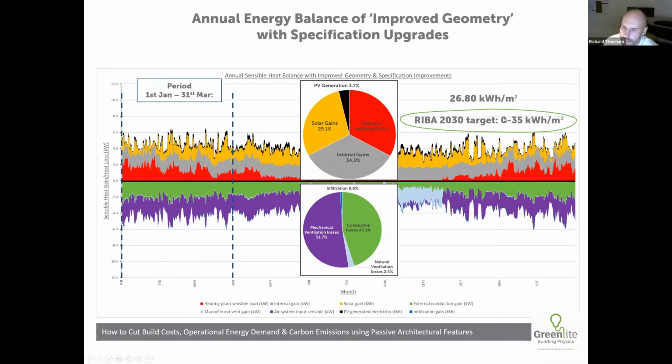However, if we do want to get down towards this zero target, we will need to do more. And you will find that as you get closer and closer to that zero point, the demands on the architecture become more and more critical, to the extent that when you are hitting zero, the architecture really is quite extreme. I've been carrying out some analysis work into this, and it does involve very large areas of south-facing glazing. So that is a topic of conversation that we can go into on a future webinar.